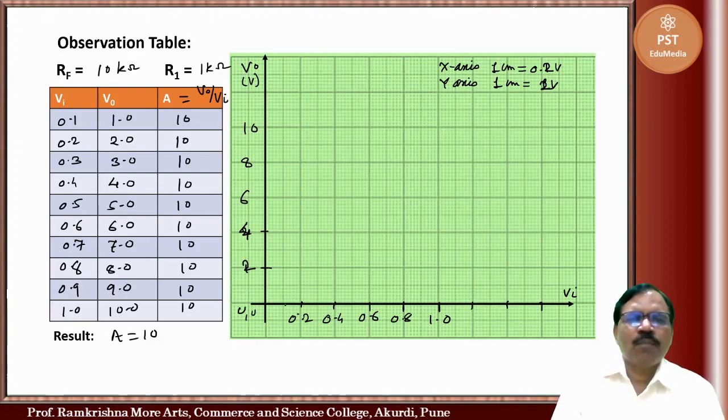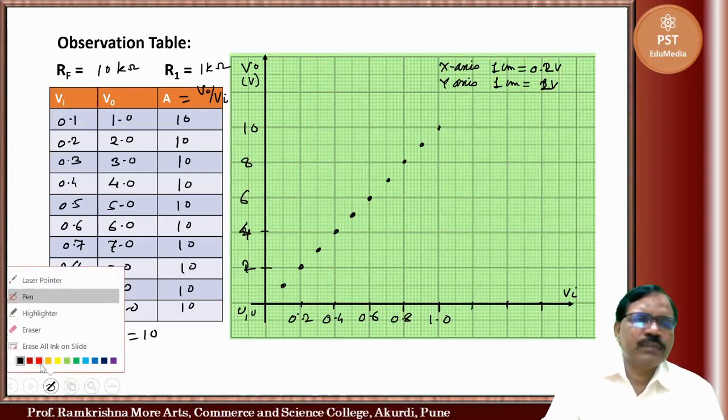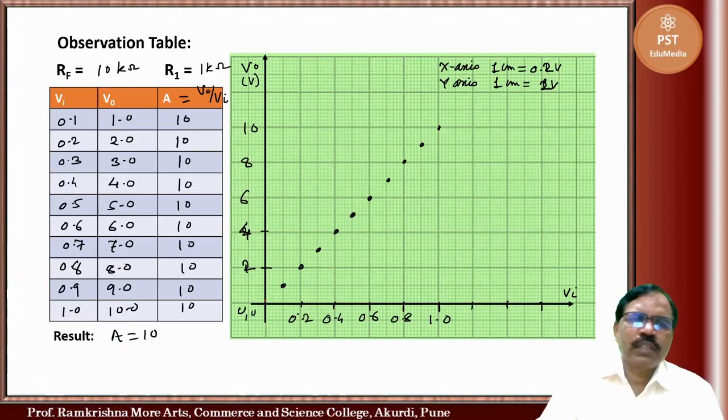So for 0.1 we have 1, for 0.2 we have 2, for 0.3 we have 3, for 0.4 we have 4, for 0.5 we have 5, for 0.6 we have 6, for 0.7 we have 7, for 0.8 we have 8, for 0.9 we have 9, and for 1 we have 10.